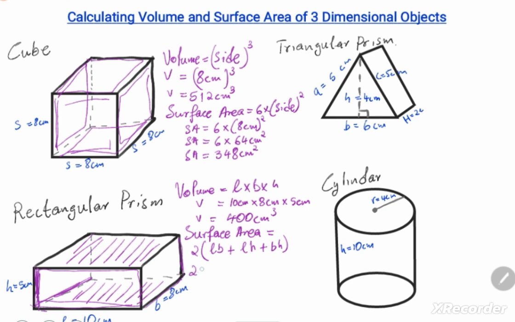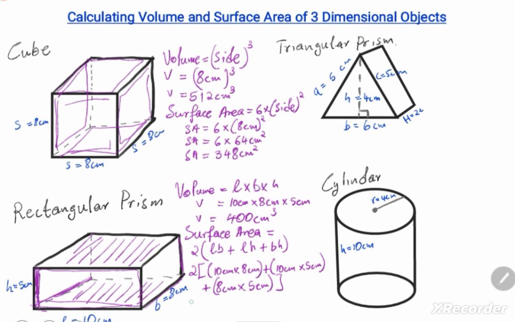So we substitute and say 2 open bracket. I'm opening a square bracket. Then I'll say the length is 10 centimeters multiplied by the breadth of 8 centimeters plus open bracket. The length is still 10 centimeters times the height of 5 centimeters plus the breadth is 8 centimeters times 5 centimeters, and we close the bracket.